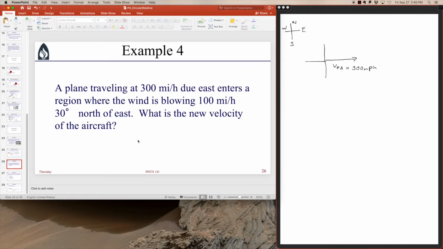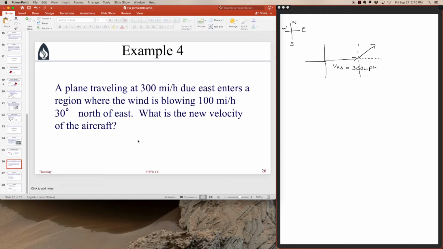However, the wind comes along, and the wind has a velocity that is 100 miles per hour, and it's blowing in a direction that's 30 degrees north of east. So there's my wind vector.